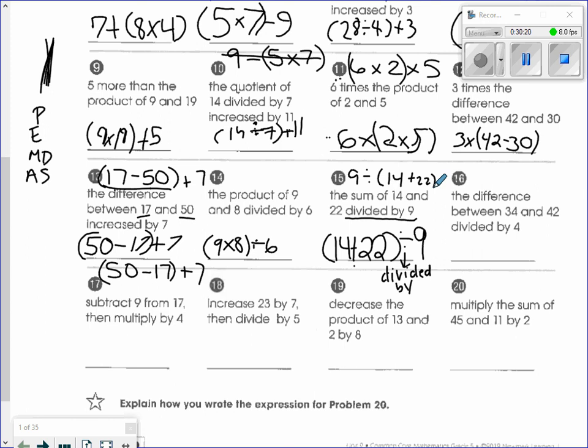No. Because this is the sum of 14 and 22 divided by 9. Some things it doesn't matter where we put it. Some things it does. Subtraction and division. It matters where you put it. Divided by 9. So it goes in the back.